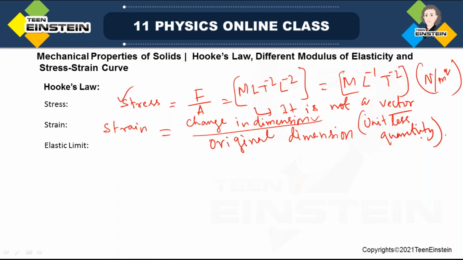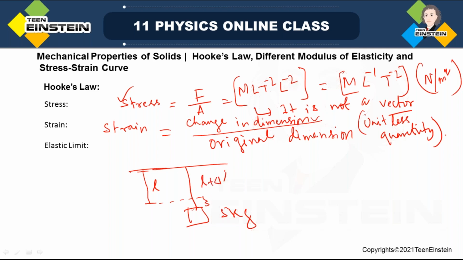Now, what is elastic limit? See, suppose I have a thin wire. I'm putting a load on this, some 5 kg. What will happen? Suppose the wire had a length L in the beginning before I put the load. Now look, upon putting the load, its length has changed.